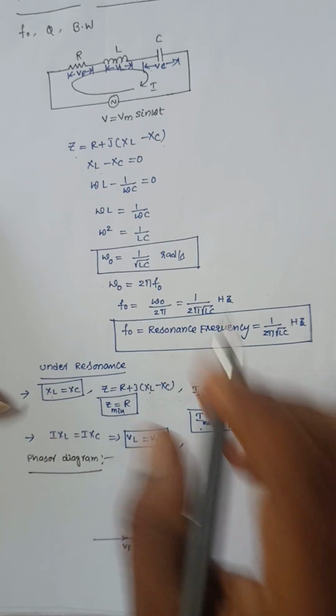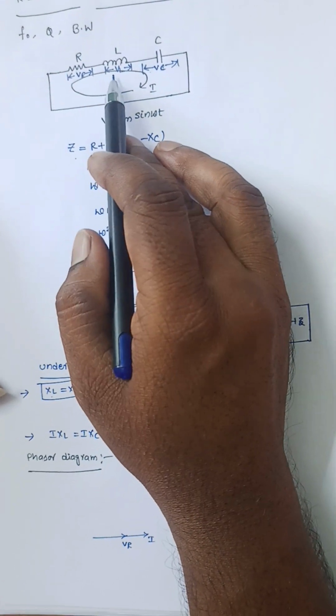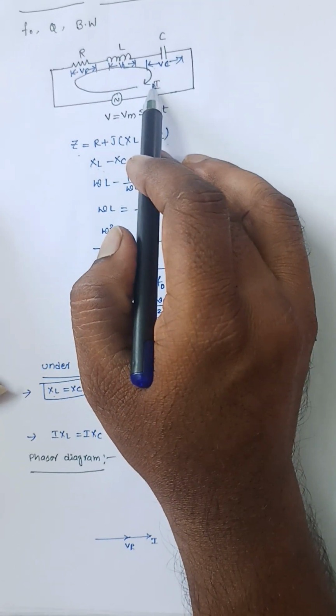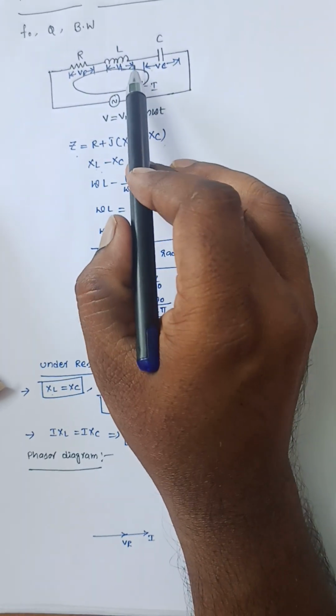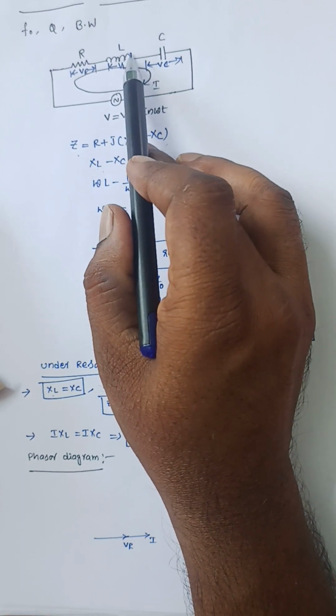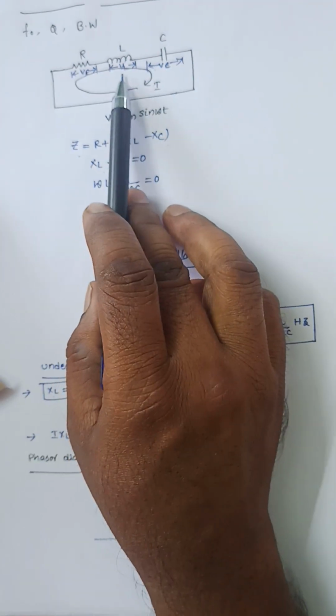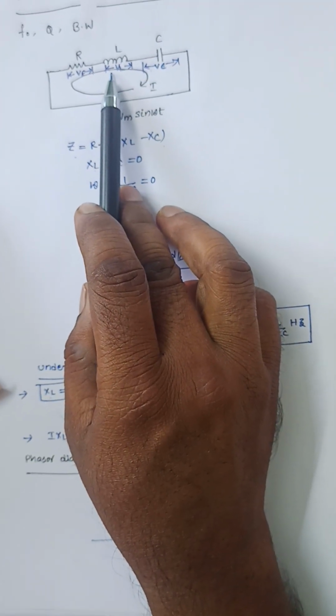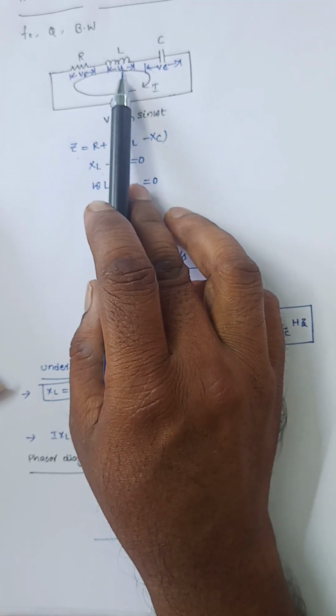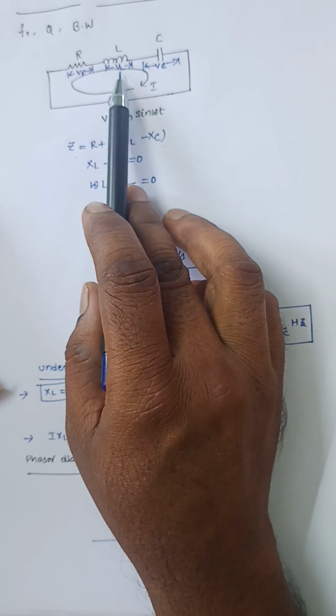Now coming to the inductance, in a pure inductor the current lags behind the voltage by an angle of 90 degrees.